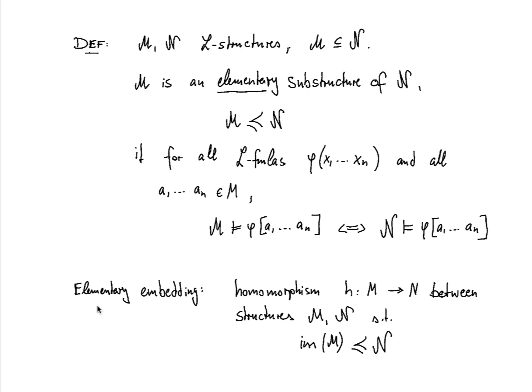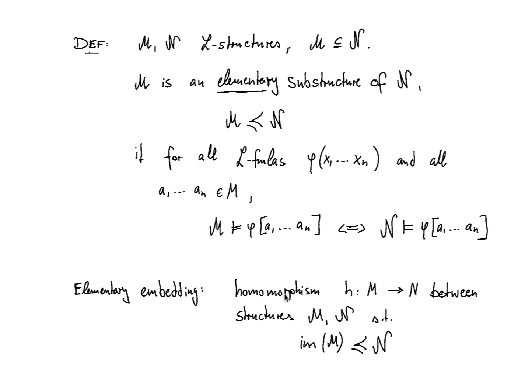We can extend this, of course, away from substructures to consider the notion of an elementary embedding. That holds if there is a homomorphism between the two structures, so that the image of that homomorphism is an elementary substructure of N. Right?